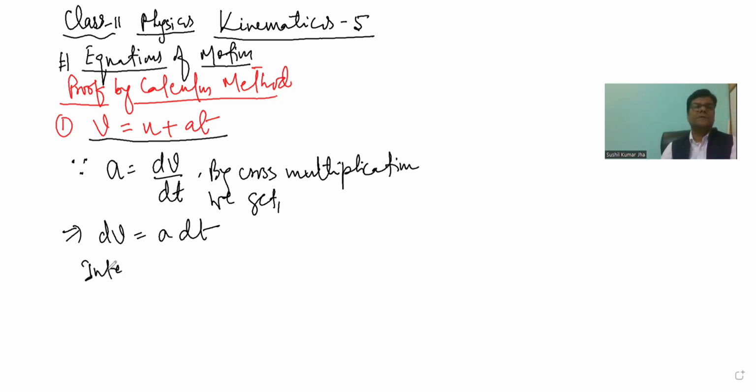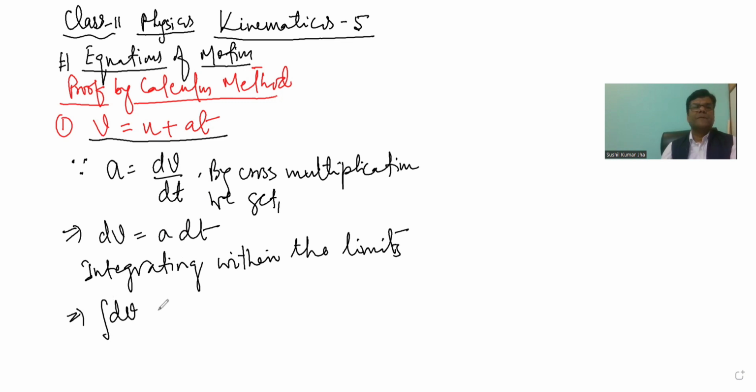So, integrating within the limits. So dv, a is constant, so we integrate only dt. Now dv is velocity, and what you want to prove is v and u.